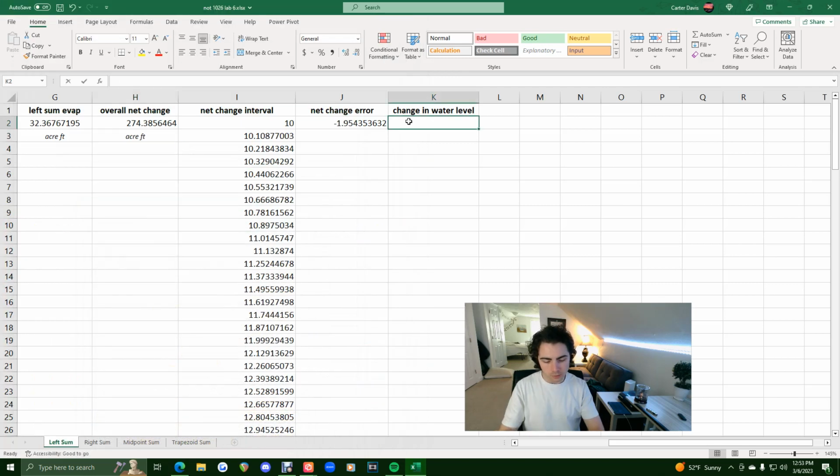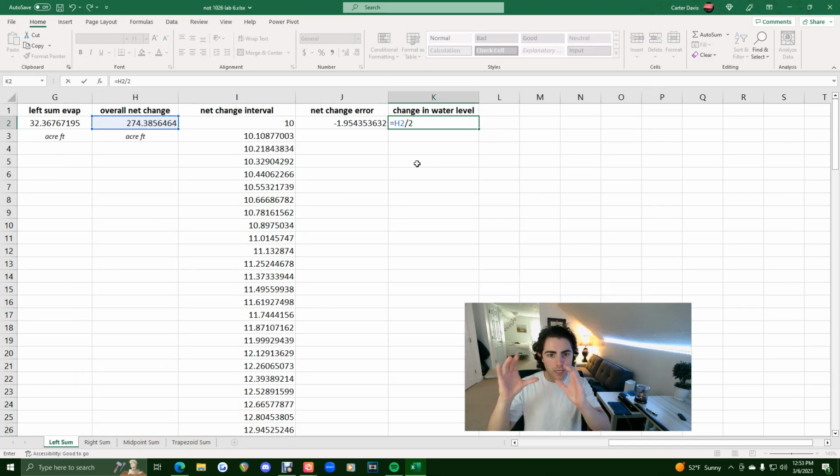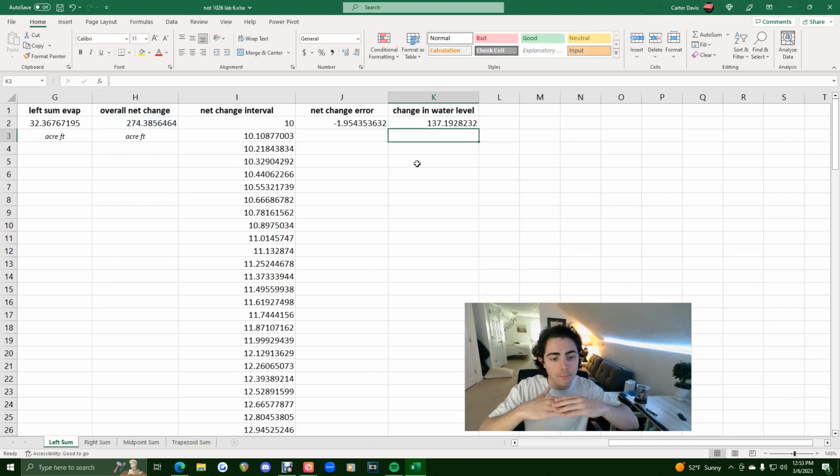So we take the net change and divide it by 2. Acre-feet divided by acres is just feet, and that tells you how much the surface level has risen or changed. So the water level has risen 137 feet, and that is crazy.